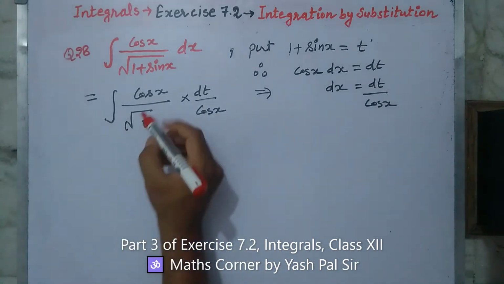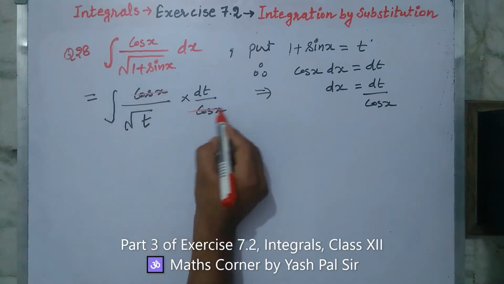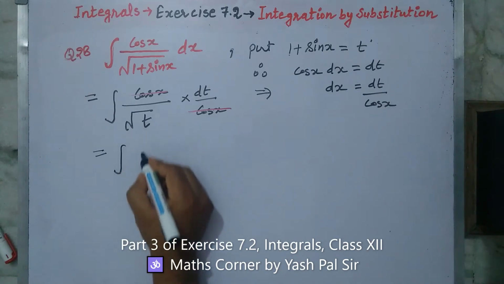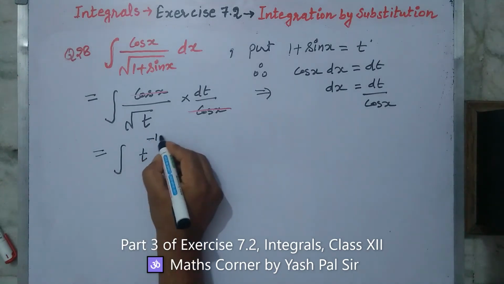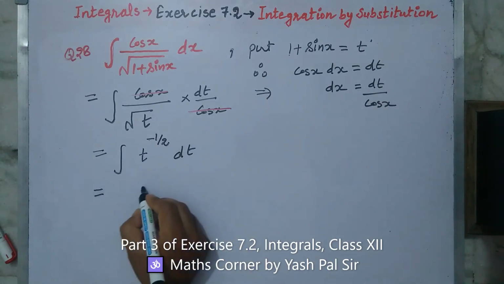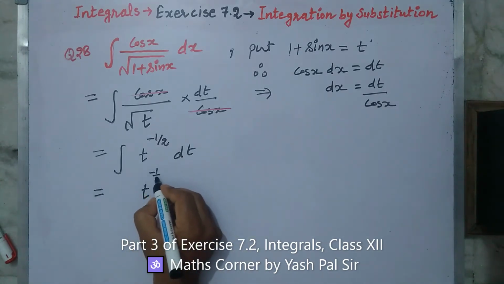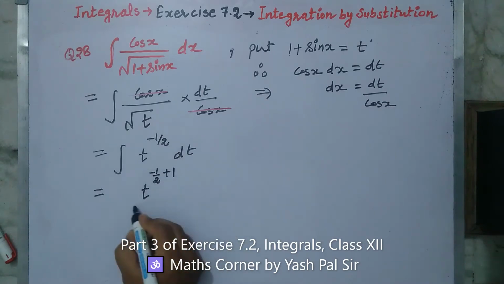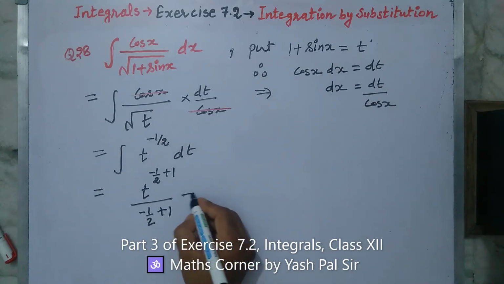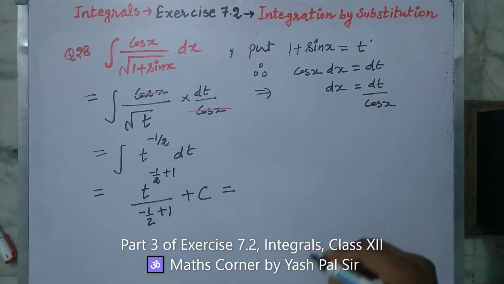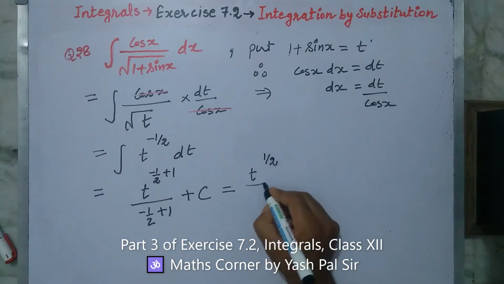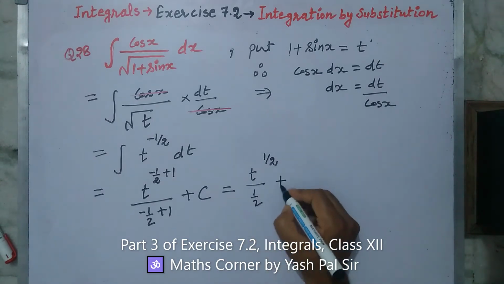So now we cancel these two terms. We are left with t raised to power minus 1 upon 2 into dt. Its integration is t power minus 1 upon 2 plus 1 upon minus 1 upon 2 plus 1, plus c, that is equal to t raised to power 1 upon 2 upon 1 upon 2 plus c.